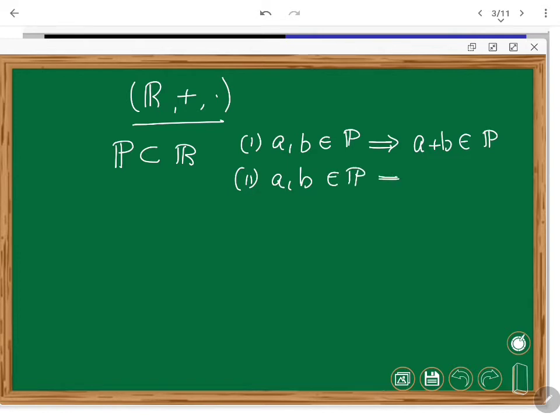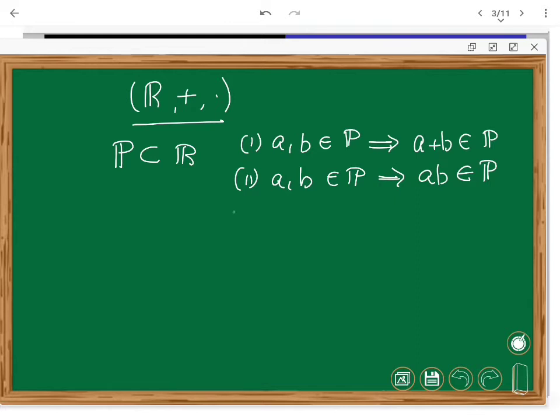It says that if a and b are selected, ab, which is a dot b, is also in P. That's also preserved. It's not going outside. Preservation of additive structure as well as multiplicative structure are the most fundamental things.